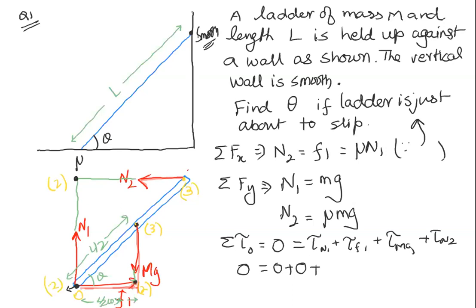So this will be equal to mg into L by 2 cosine theta. And I must also write clockwise or anti-clockwise. In this case, it is clockwise. Remember our discussion? You keep your pen on the arrowhead and just turn it towards the origin, and you see whether you are turning clockwise or anti-clockwise.